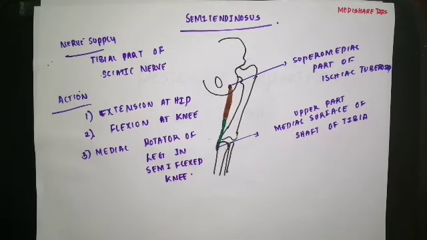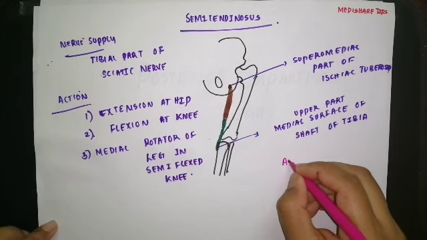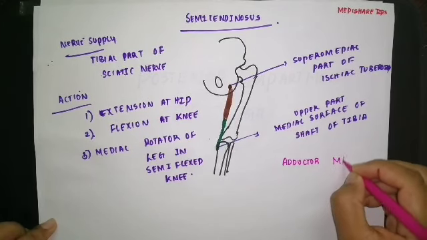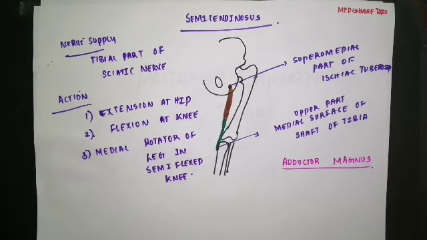Another muscle which forms a hamstring muscle is the adductor magnus muscle. We have discussed this muscle in the medial compartment of the thigh. Adductor magnus has an ischial part and an adductor part.